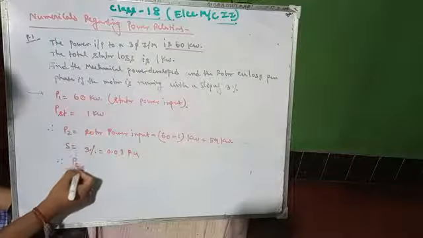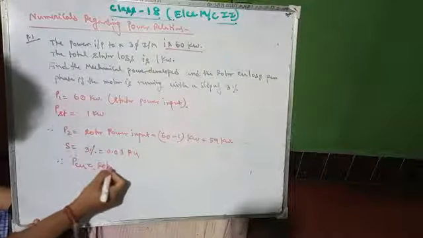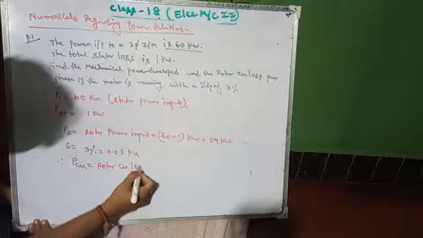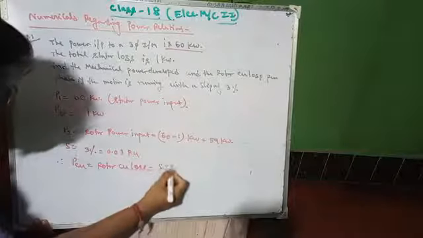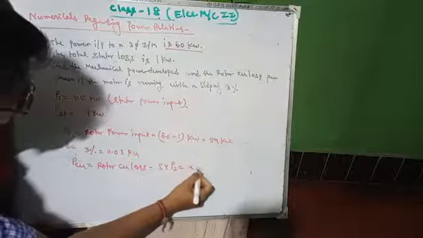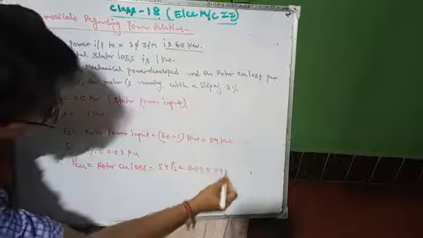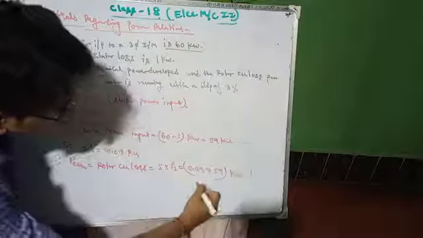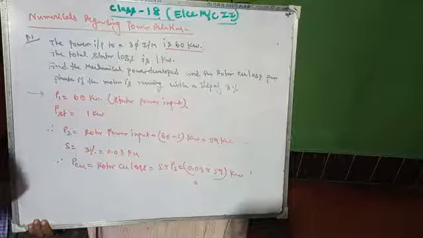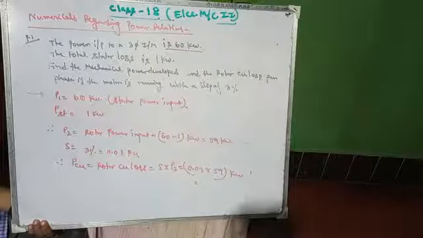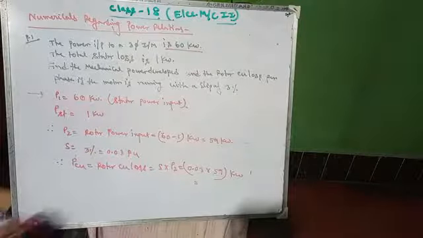Therefore, rotor copper loss equals S into P2, right? S equals 0.03 and P2 equals 59. Just multiply it, then it will be 1.77 kilowatt.